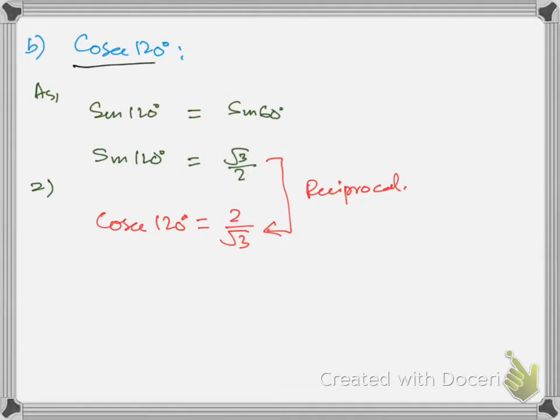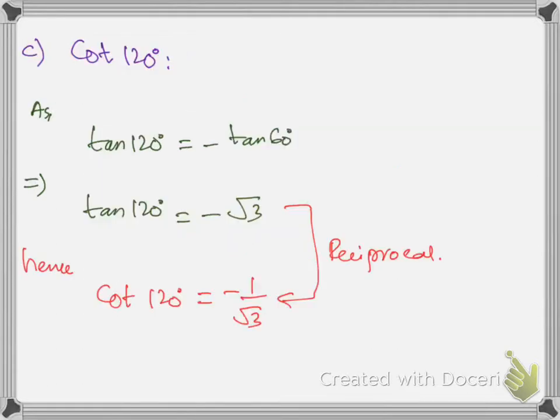Cosec 120. To solve cosec 120, you should solve sin 120 first. So sin 120 must be sin 60, positive sin 60, because it is in second quadrant. And this is the special angle, so you know the value of sin 60 is root 3 upon 2. Therefore cosec 120 would be the reciprocal of root 3 upon 2, which is 2 upon root 3. Similarly, we will solve cot 120 with the help of tan 120.